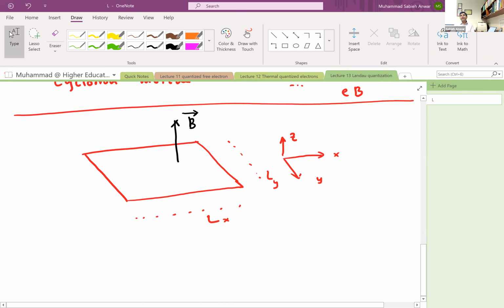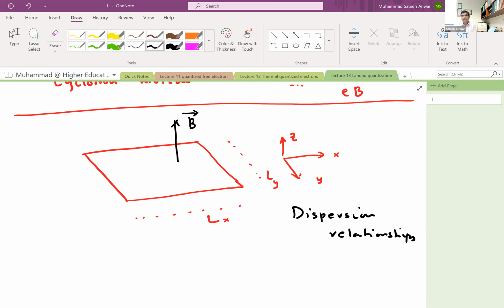Now I would like to take a quantum mechanical approach to finding out what the energies of these electrons are going to be and how the energies are going to change, what the dispersion relationship is. So in today's lecture, I'm going to take an approach based on the first quantization, which means that I will write down the Schrodinger equation for this electron, solve this equation, and find out what the energy eigenstates are going to be.